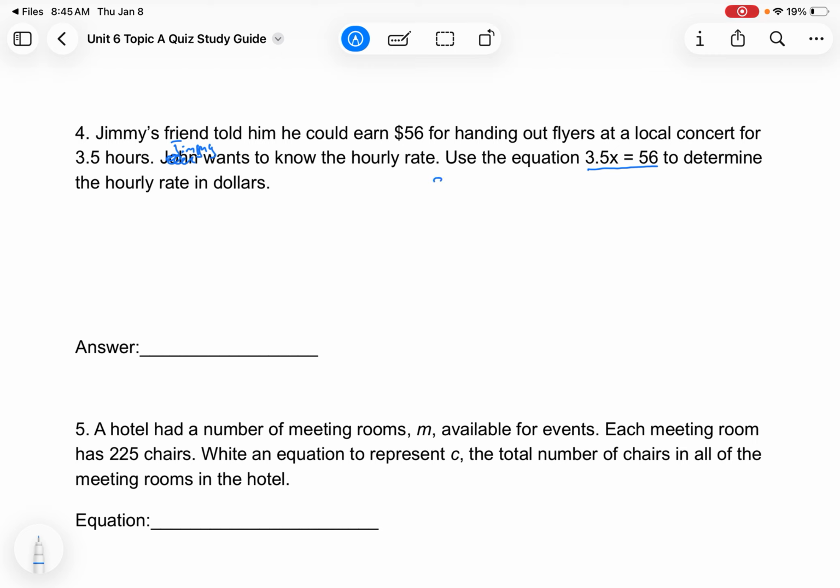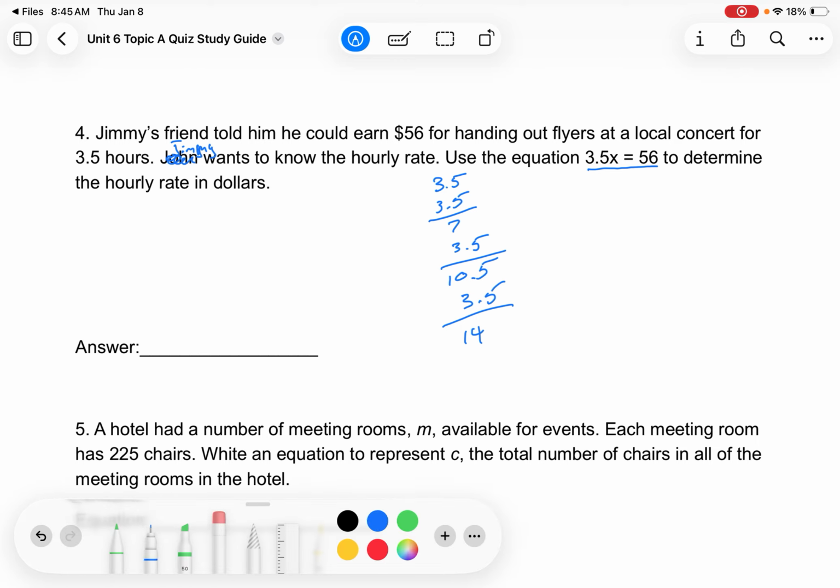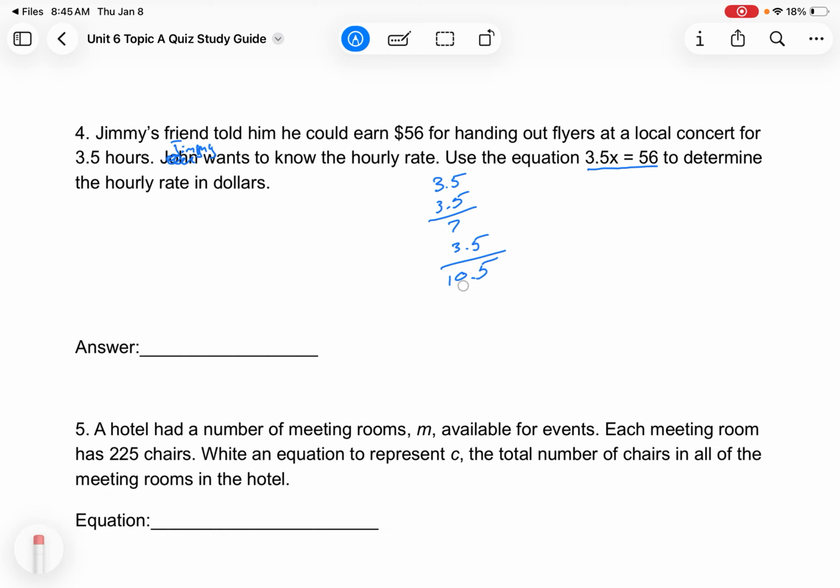I mean, I could sit there and do 3.5 plus 3.5 and get 7, and add 3.5 and get 10.5, and add 3.5 and do this until I get to 56. And eventually I will get there.